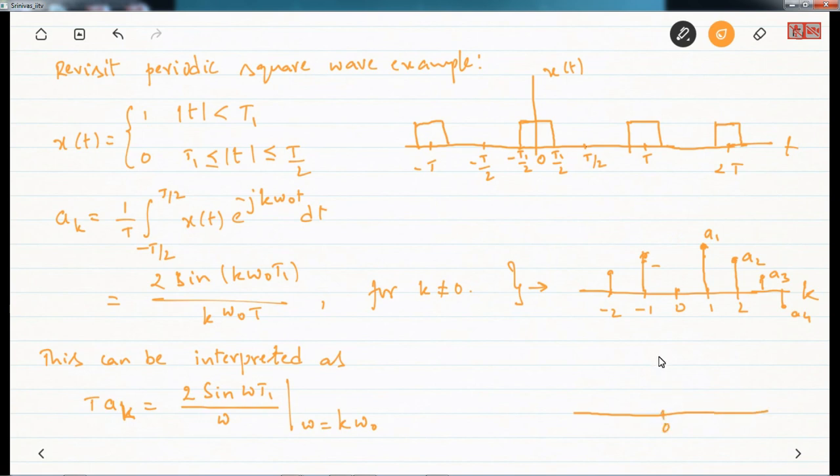Let's say this is a naught, this is a -1, this a -2, and so on.